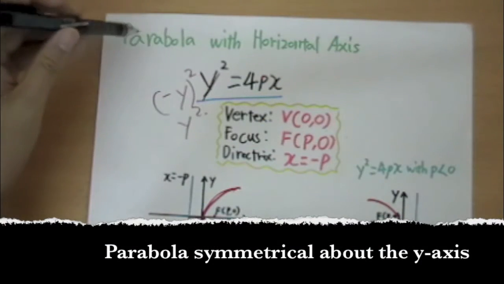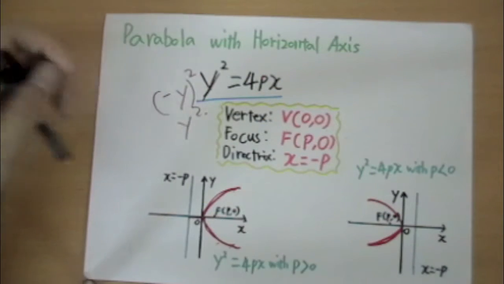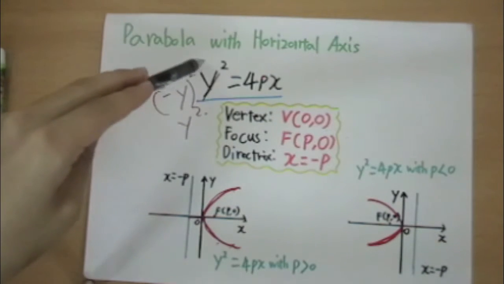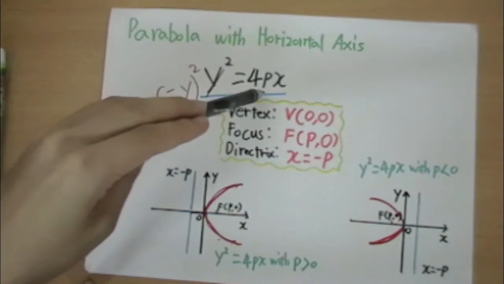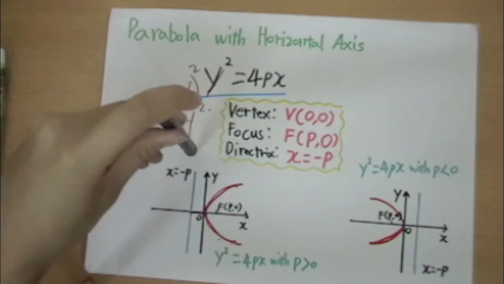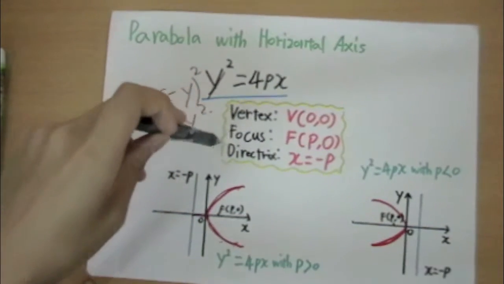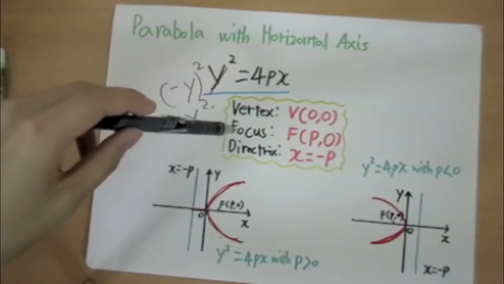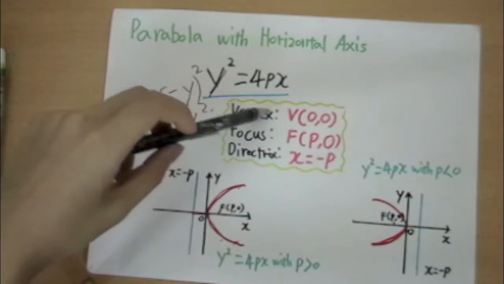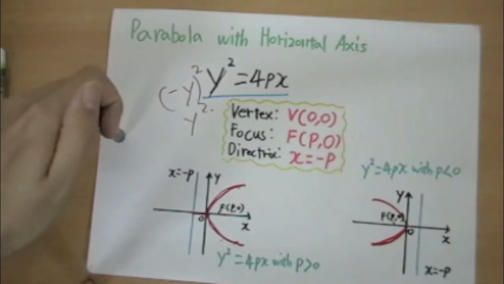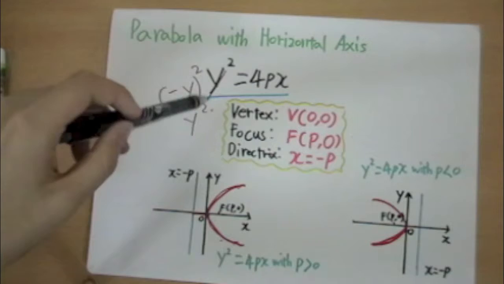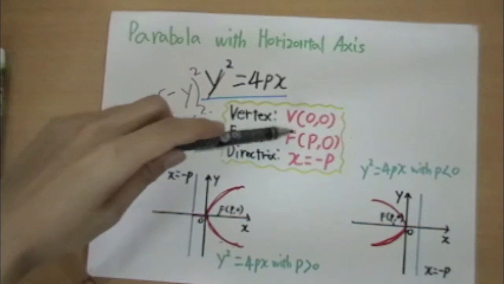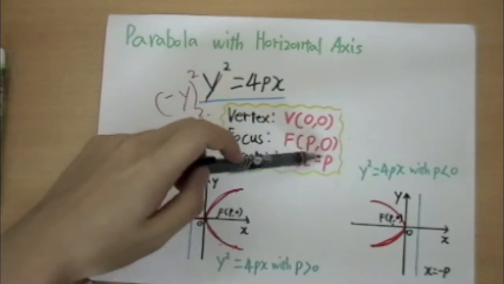Guys, this time it's about a parabola with a horizontal axis. The basic equation of it is y squared equals 4px. Here are 3 properties as well: vertex, focus, directrix. The vertex, as I mentioned before, is always 0,0. This time the focus is p,0.